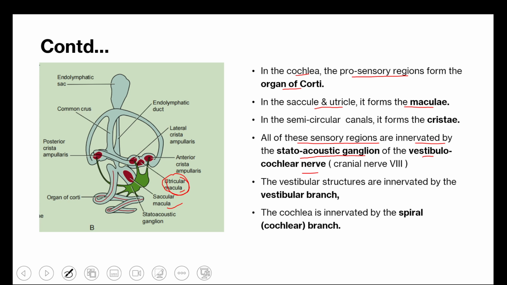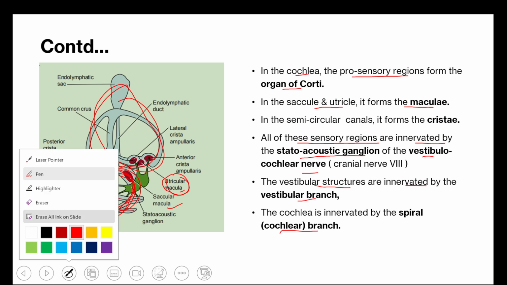These vestibular structures are innervated by the vestibular branch, and the cochlear regions, the organ of Corti, are innervated by the cochlear branch.